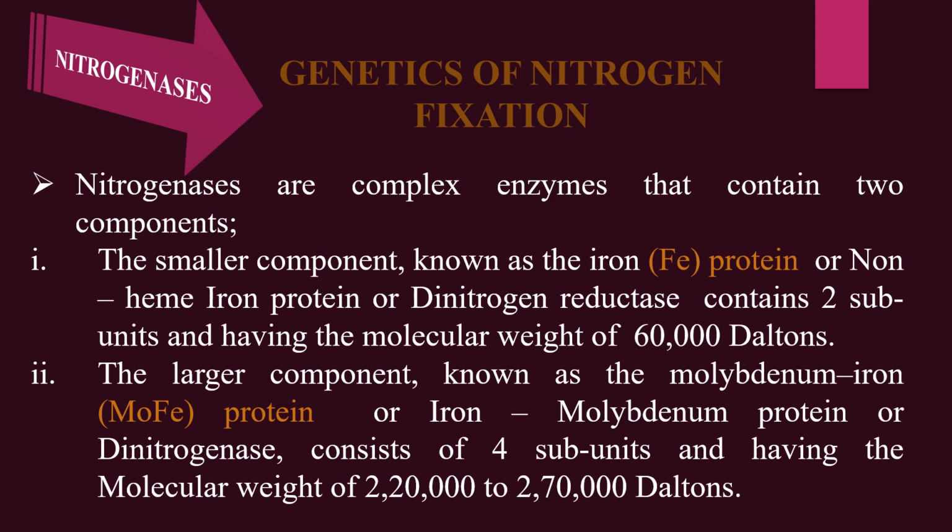The smaller component, known as the iron protein, which is also known as non-heme iron protein or dinitrogenase reductase, contains two subunits and has a molecular weight of about 60,000 daltons. The larger component, known as molybdenum iron protein or iron molybdenum protein or dinitrogenase, contains 4 subunits having a molecular weight of about 2,20,000 to 2,70,000 daltons.